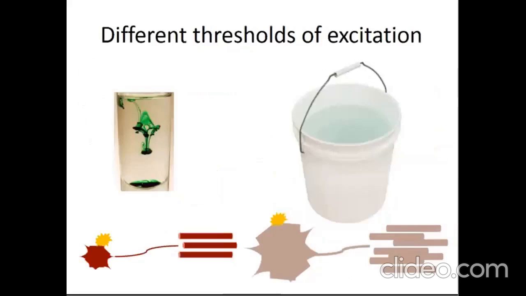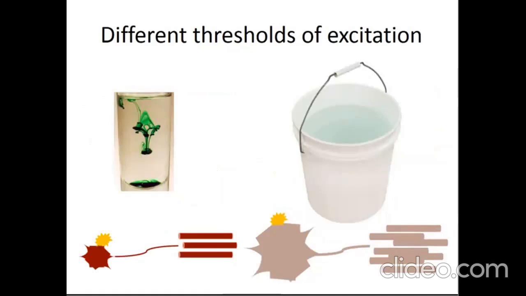Another way to think about these differences in motor neuron excitability and motor unit recruitment is by adding one drop of food coloring to a glass of water.